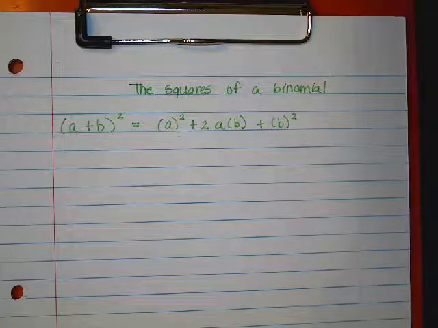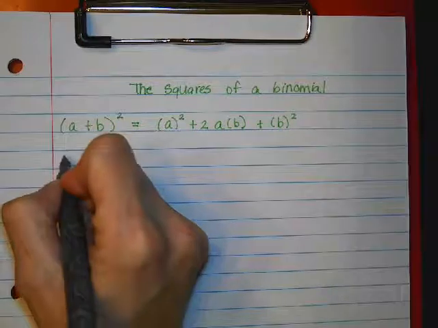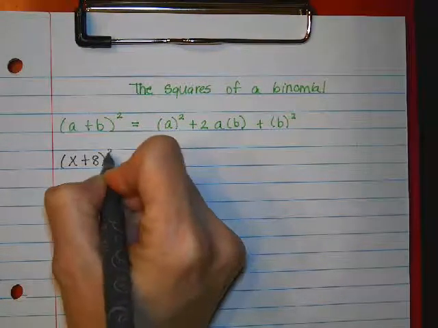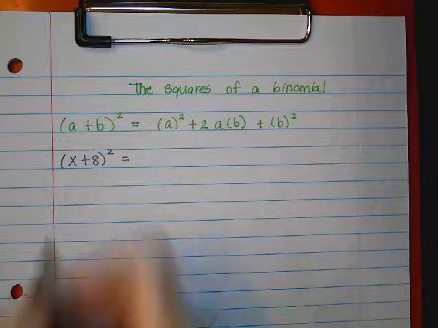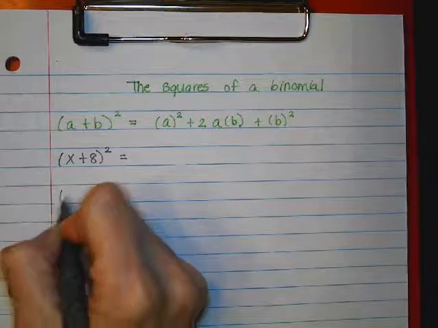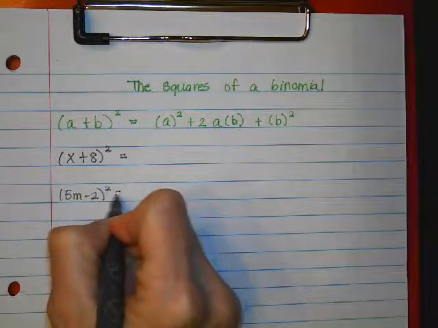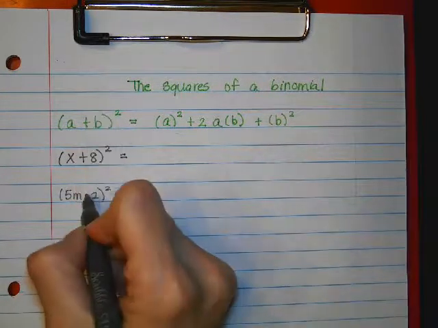So let's do one like this, where we have an a plus b. We're actually going to do 2 of these. We're going to do (x + 8) squared, and we're going to do (5m + 2) squared, not minus 2.